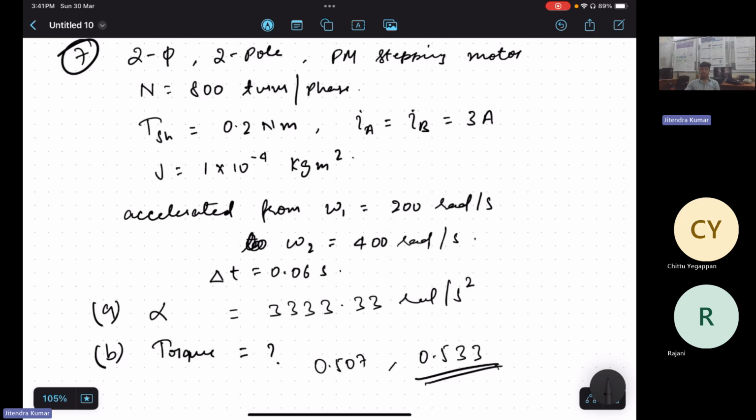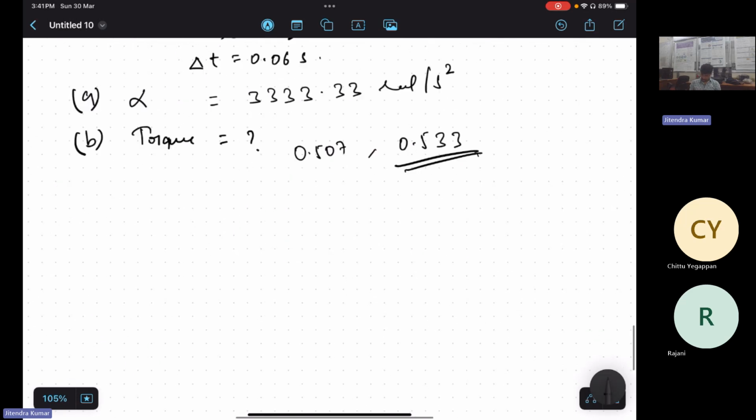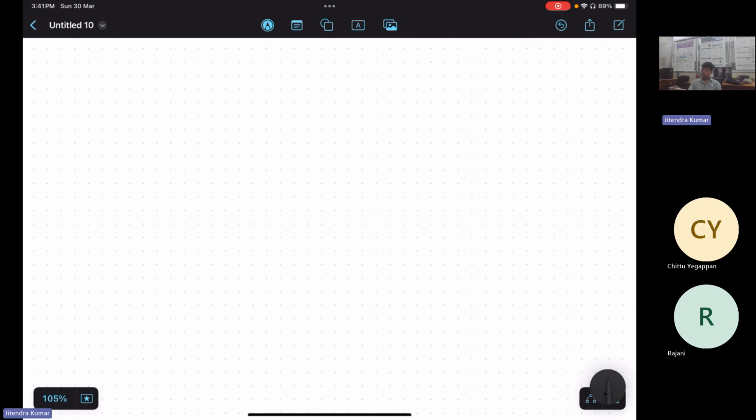Okay, so let's do one thing. We should solve it once. It is the sixth problem, isn't it? Yes, sir. Stator pole, rotor pole, instantaneous torque we have to calculate with current given 30 degree before the aligned position, right?